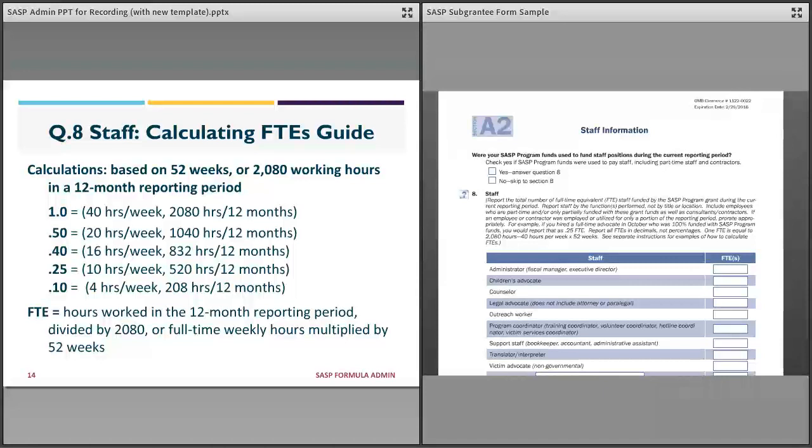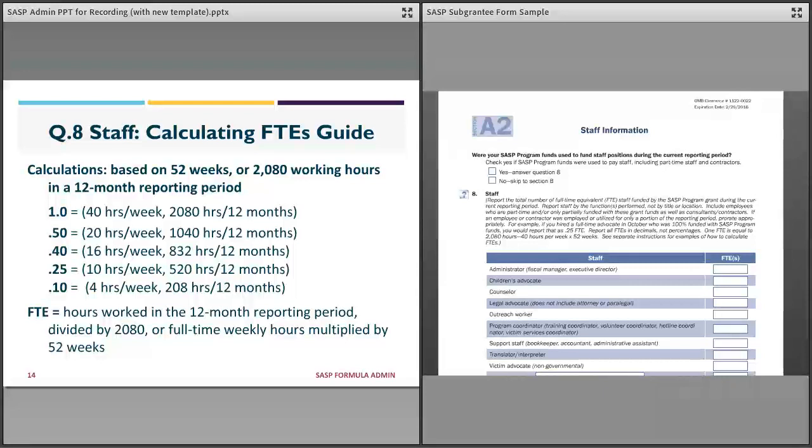So for example, one FTE equals somebody who was 100% SASP grant funded to work 40 hours a week for the entire calendar year. For this reason, we often do not see high FTEs because SASP grant funds often partially support grant-funded activity or grant-funded staff time.